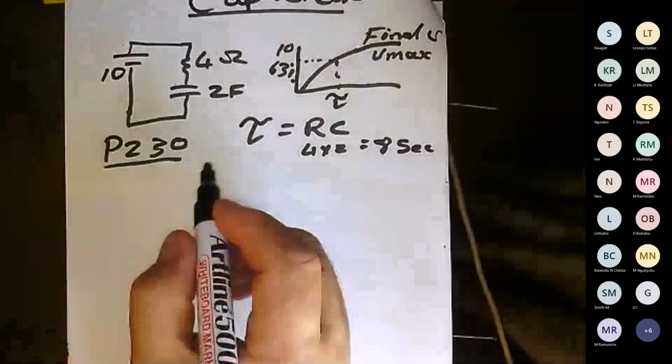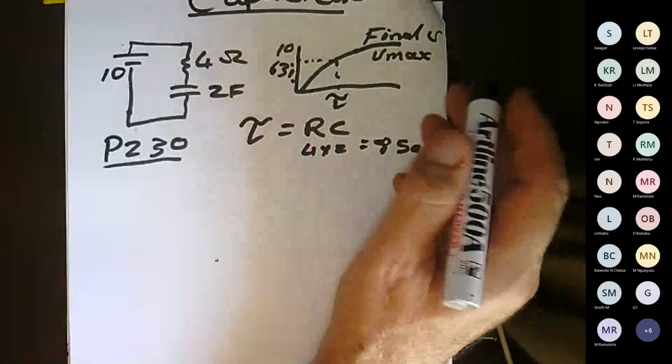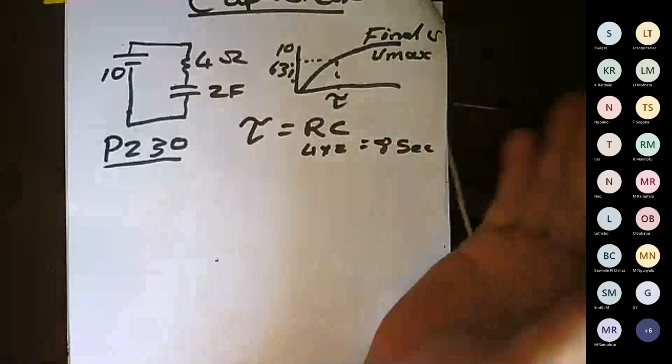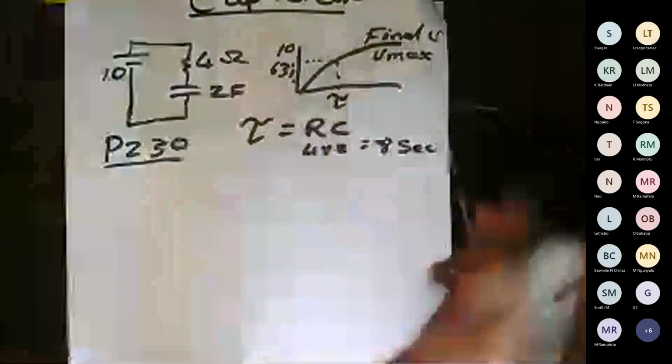So what we're going to do now, if I want the instantaneous value on this graph, I'm going to look for VC. We call it V charge. It's charging up, so we usually call it V charge.